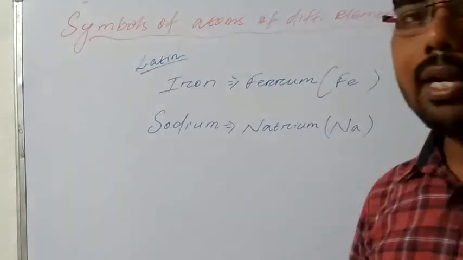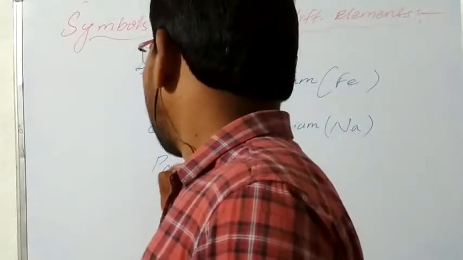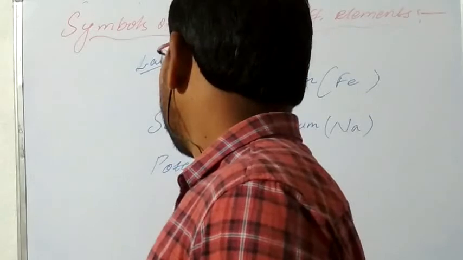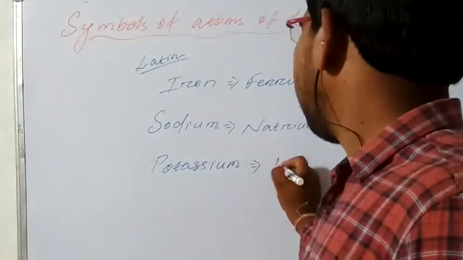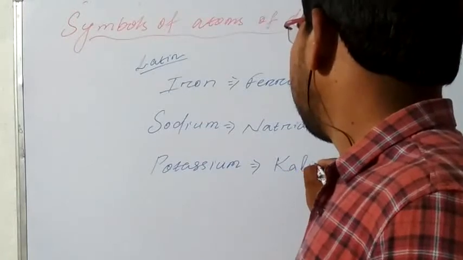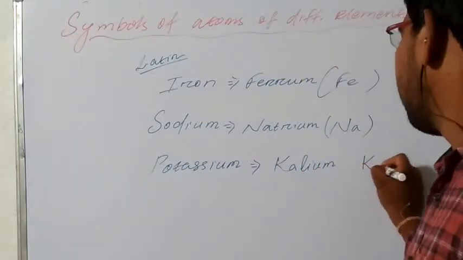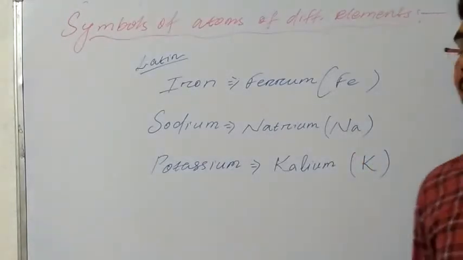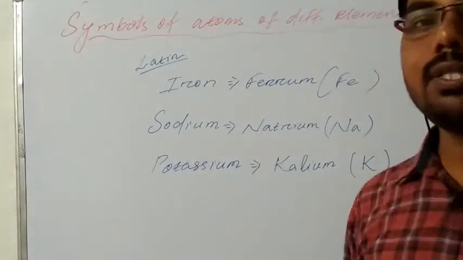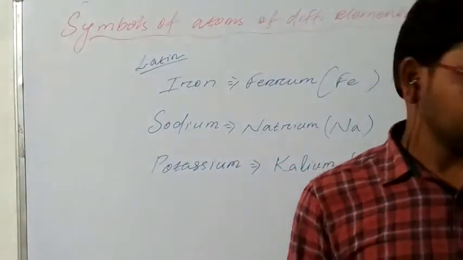For potassium, the Latin name is kalium, K-A-L-I-U-M, which is why the symbol is K. Many elements are named after their Latin, German, or Greek names.